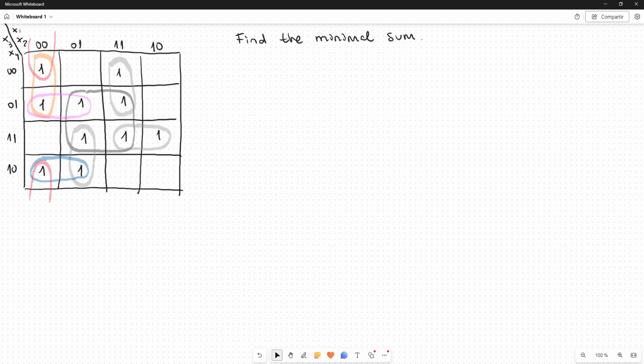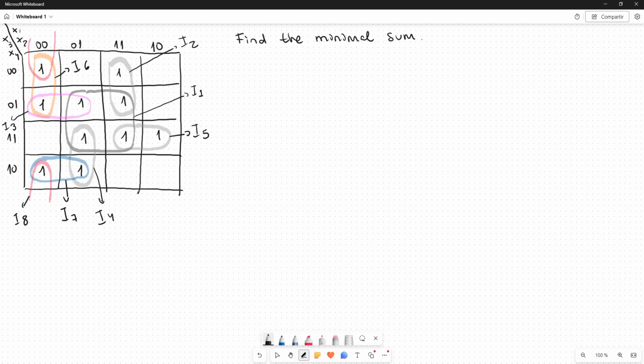Now we are going to assign names. For example, this one can be prime implicant 1, this can be prime implicant 2, prime implicant 3 can be the blue one, prime implicant 4 can be, for example, this one, prime implicant 5, for example, this, prime implicant 6, this one, prime implicant 7 can be this, and we still have prime implicant 8, for example, this one.